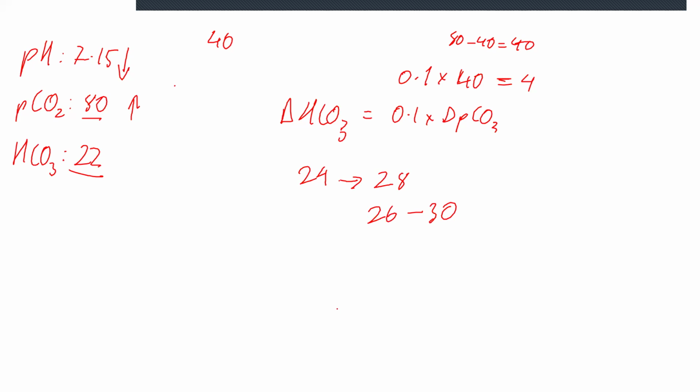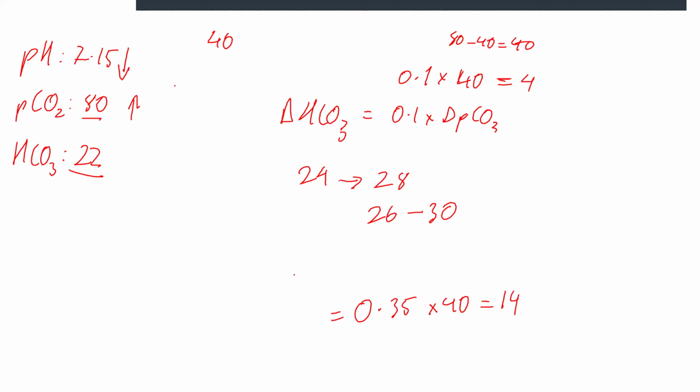In the chronic case, you're going to do the same thing, but this time instead of multiplying by 0.1, we are multiplying by 0.35. So just to do the maths very quickly, times 40, this is going to be 14.